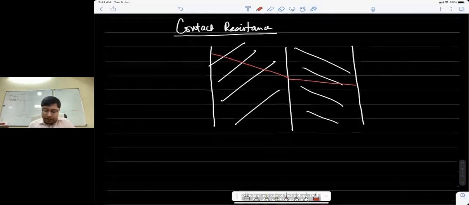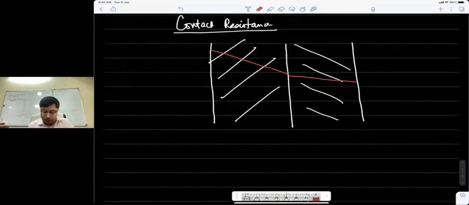Now, what we have been assuming so far, which I have not said very explicitly, but now let me say this: we have assumed a certain contact of the two bodies, these two slabs, at the point where they are touching each other.